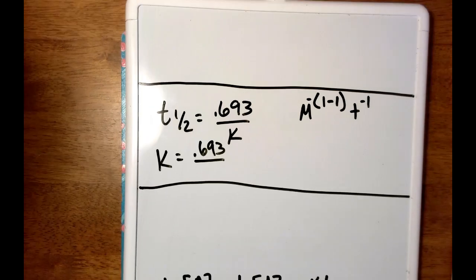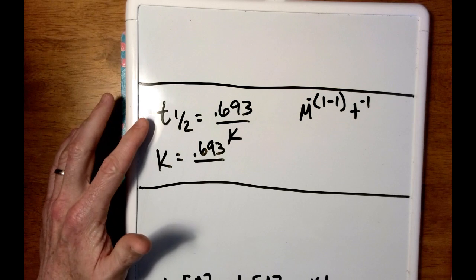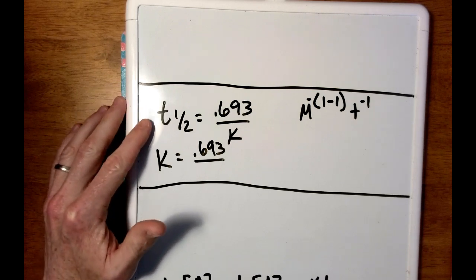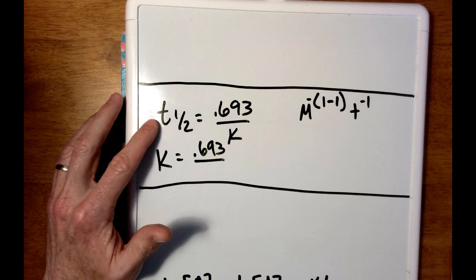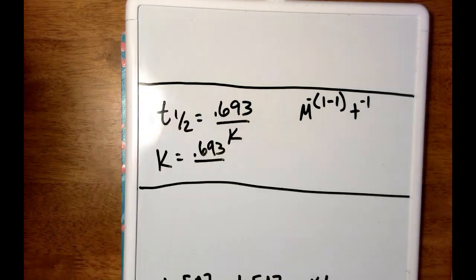In our equation sheet, the only half-life that specifically shows up, although you can use the other integrated rate laws to find half-life as long as you use them correctly, is right here: the half-life of a first-order reactant decomposition, or first-order decomp, is 0.693 over K. And so our assumption is this is a first-order decomp.